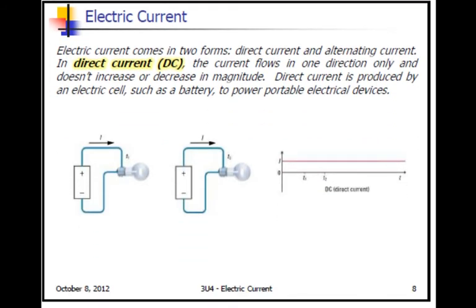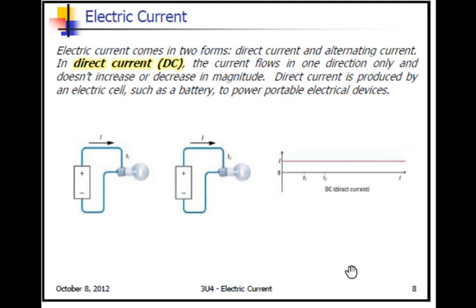So further on with electric current, we have two more types to talk about here. There is direct current, and it's easiest to understand with a graph. It's defined as a certain voltage level or current level that is unchanging.